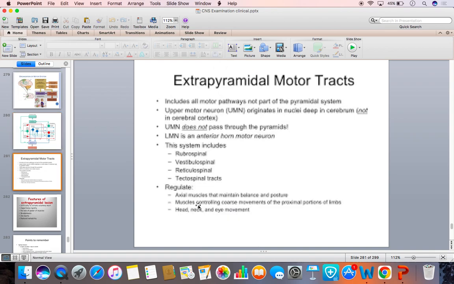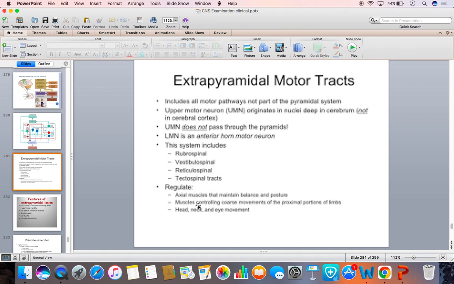What are extrapyramidal motor tracts? This includes motor pathways not part of the pyramidal system. Remember that. Those that are part of the pyramidal system form the indirect corticospinal tracts, whereas the extrapyramidal system purely does not include the pyramidal system.